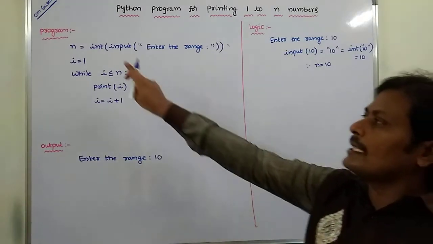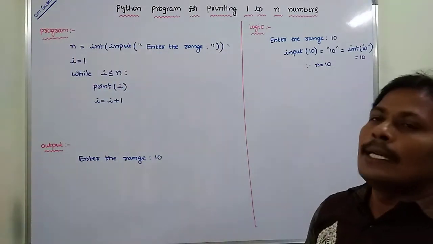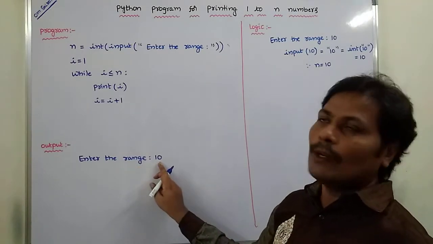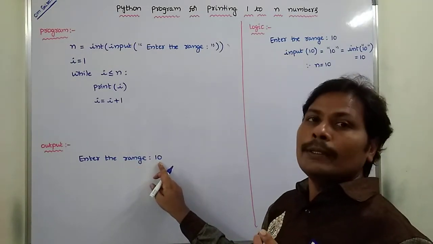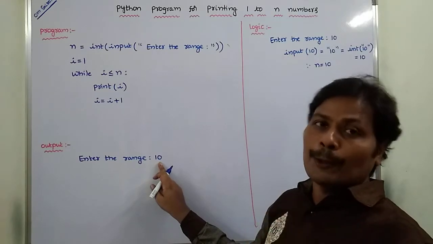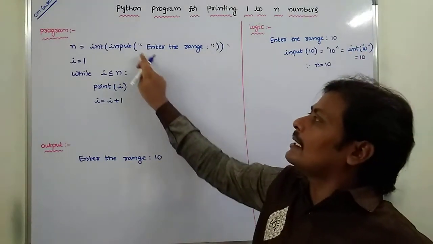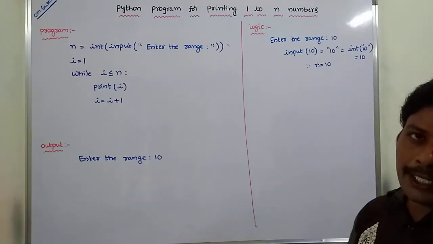So what is the meaning of this statement? Enter the range. I am giving the range 10 from the keyboard, that is entered by the user. That value 10 is read by the input function.